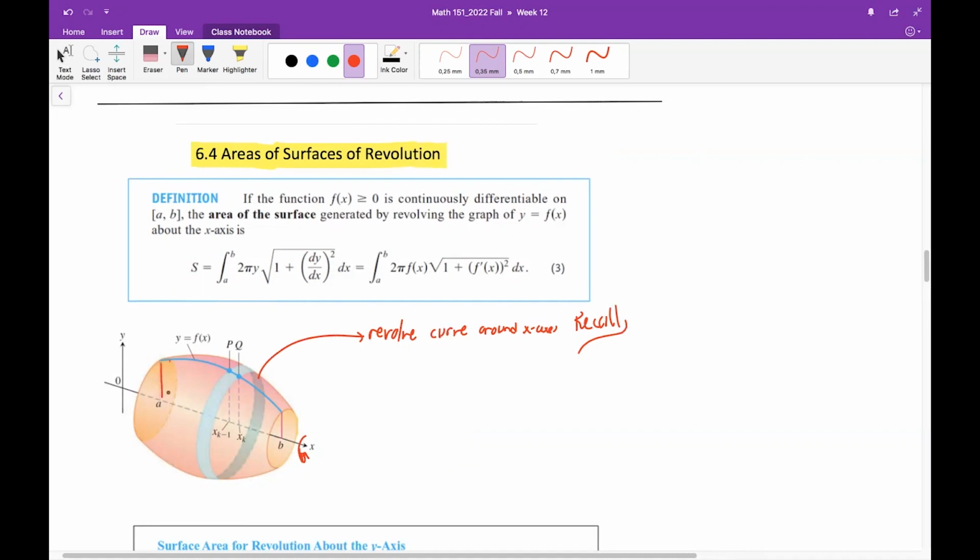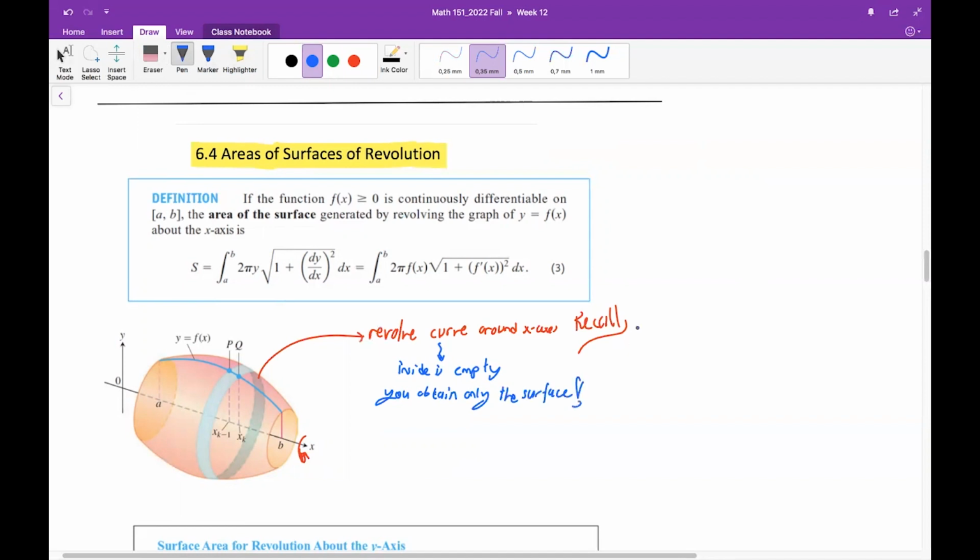Because there is no region now under your curve and you are not revolving this whole region, you are just revolving the curve. That's why you obtain just the area of the surface, not the solid object inside it. So here, my warning is the inside is empty. You obtain only the surface.